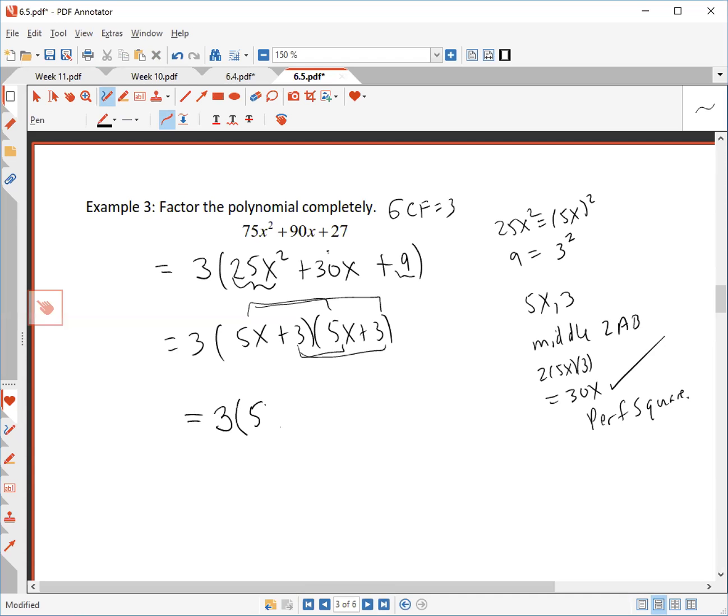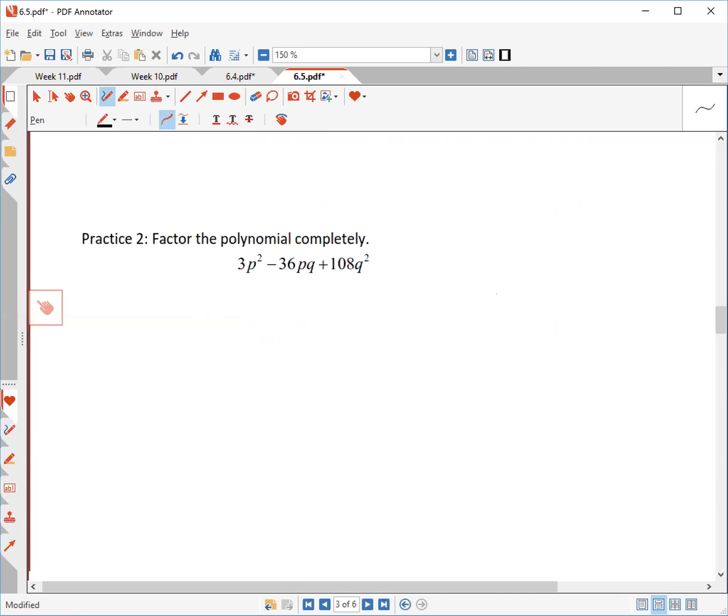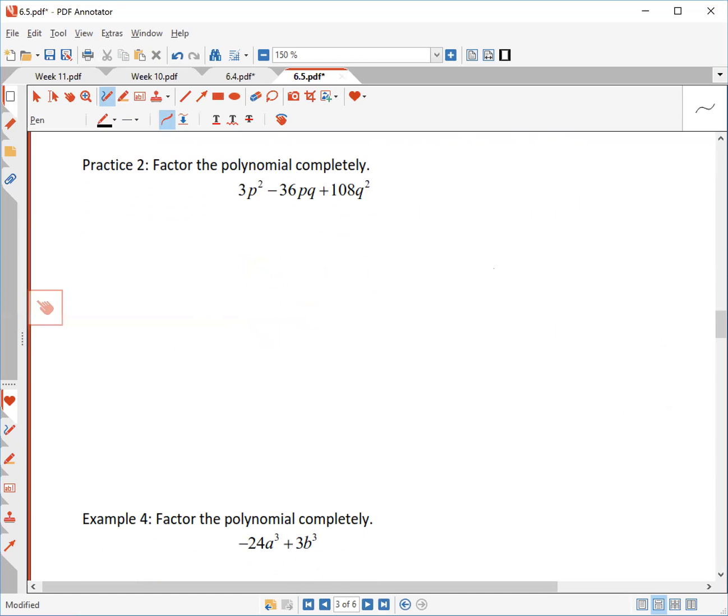So it's always best to write these as the square of 5x plus 3. Okay, there's one for you.